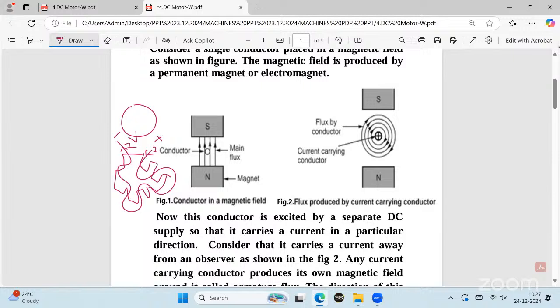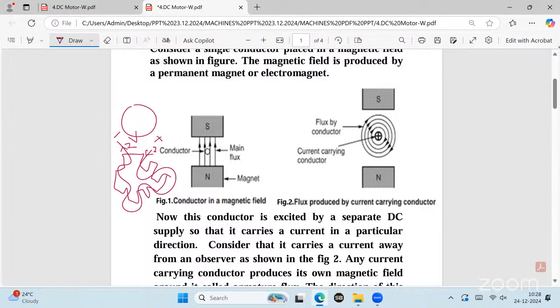So we got two magnets. One is the main flux, the electromagnet. Now the conductor becomes a magnet. We got one more flux around the conductor. This conductor carries a current; the cross indicates it carries a current. Once it carries a current, this becomes a magnet.